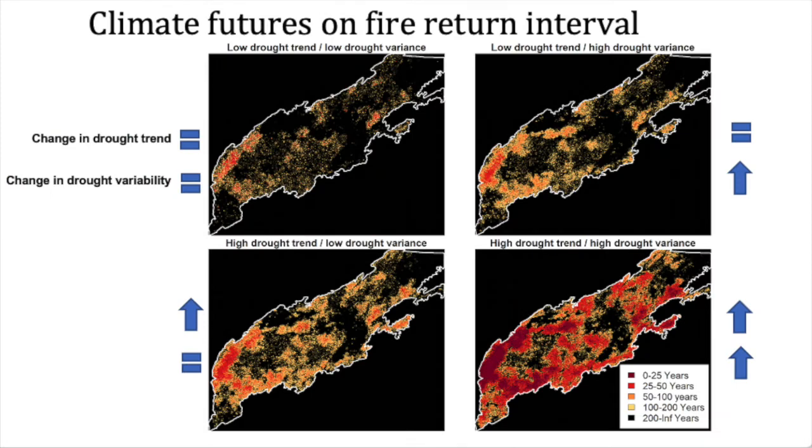So here we have those same 4 different simulations, right? And I kind of just wrote it here so you can look at this as minimal change in drought trend, minimal change in drought variability, and so this is minimal change in drought trend, but high change in variability. And these are all the fires that occurred across that 80-year simulation.